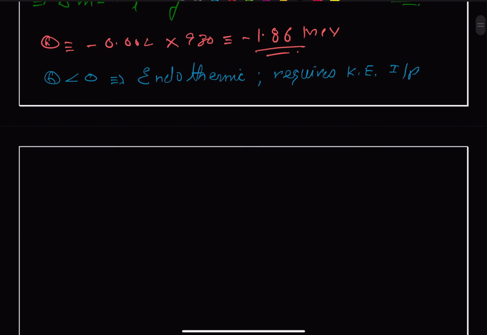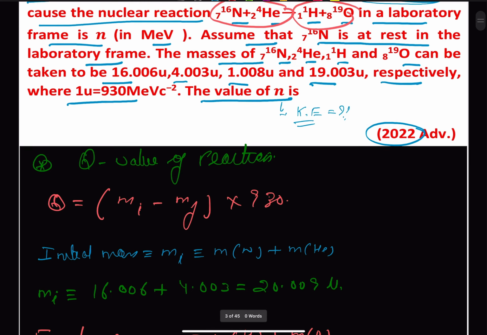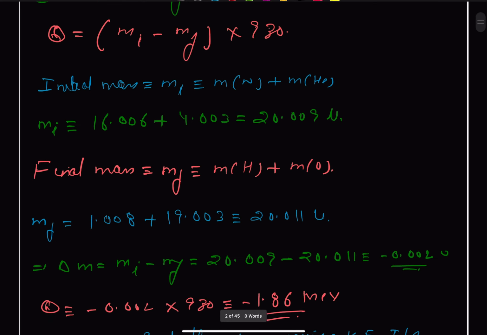And now we are going to find out the minimum kinetic energy. So minimum kinetic energy, let us say this is our K minimum, which is nothing but our value of n, according to the question. And it states that our target nucleus is at rest. Nitrogen is at rest in the laboratory frame.